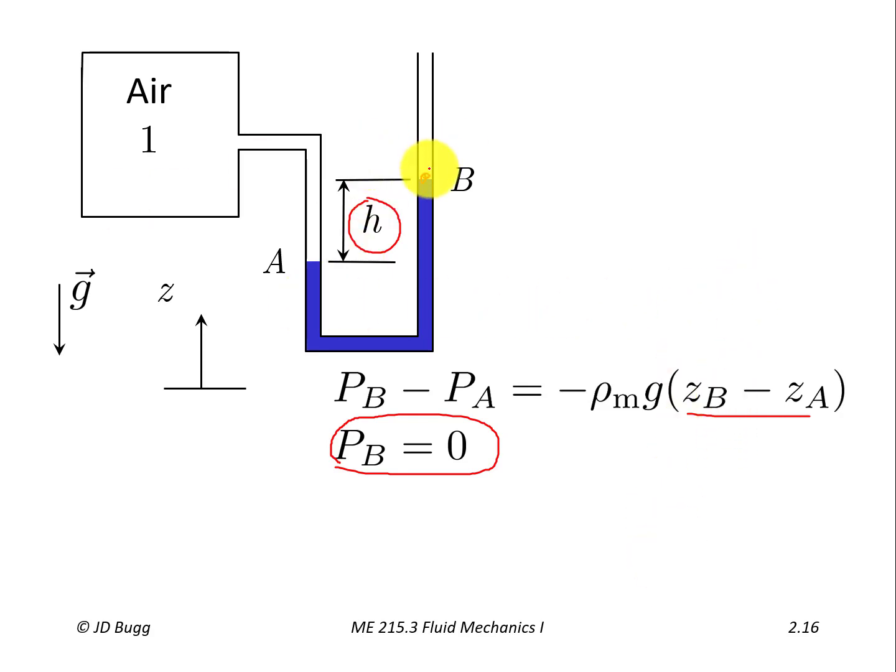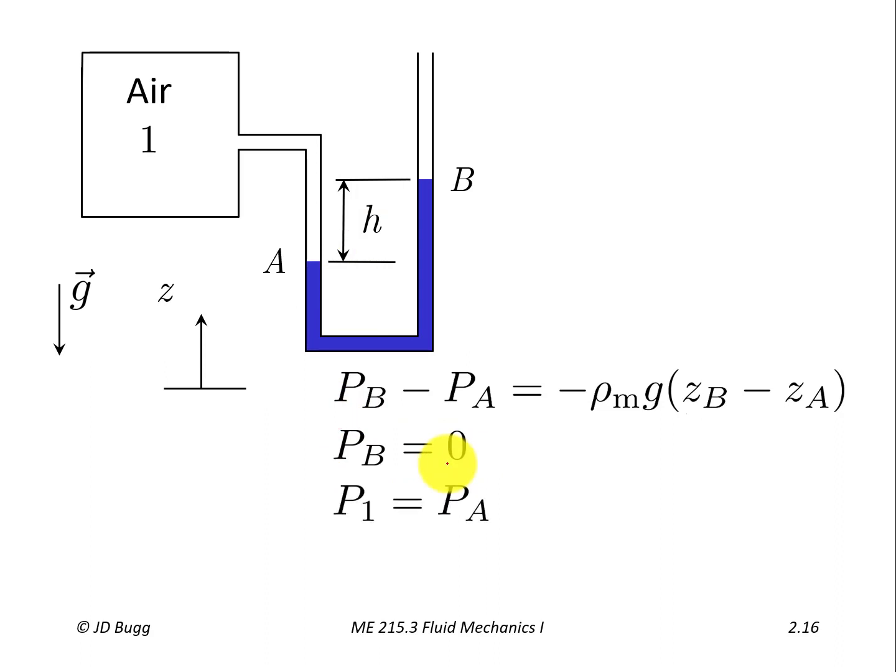So by setting local atmospheric pressure to 0 here, the P_A will be a gauge pressure. If we set P_B to atmospheric pressure, perhaps 101 kilopascals or whatever it happens to be, then our P_A would be an absolute pressure. But we're going to set P_B to 0 to get a gauge pressure.